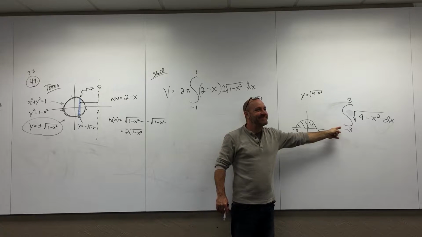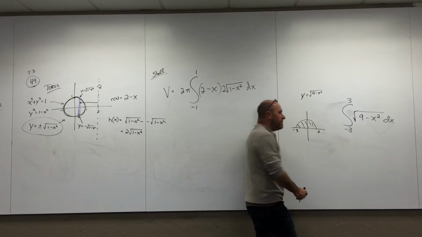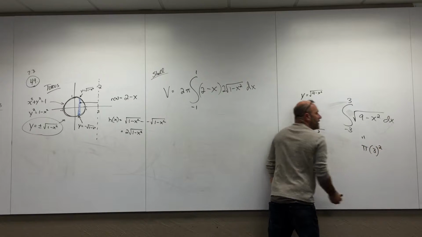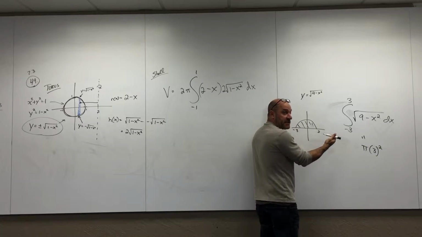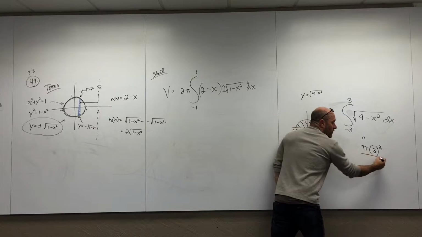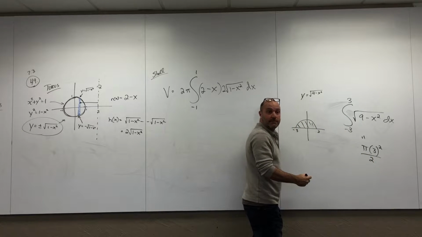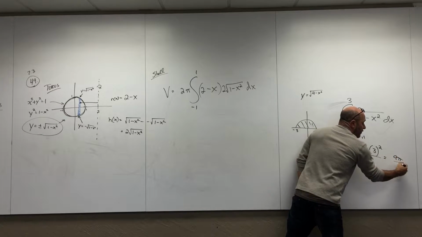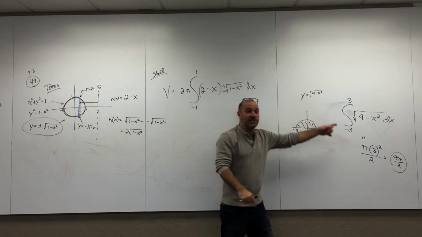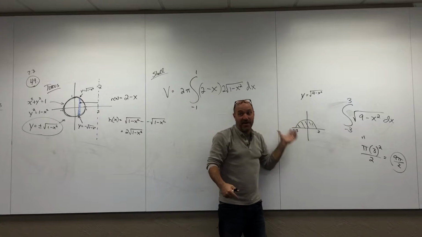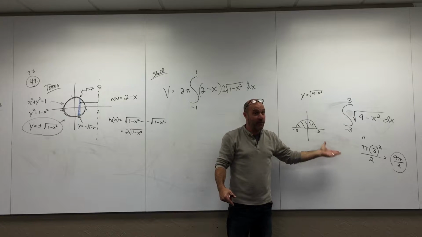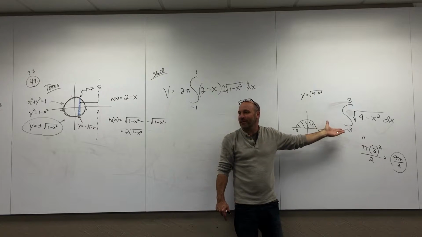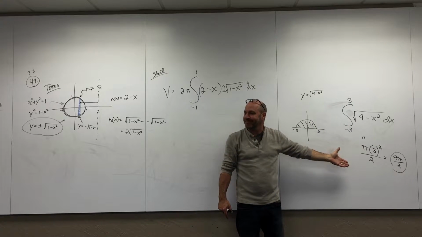Do you know the area of a circle? Pi r squared. This is half a circle, so it's over 2. So it's 9 pi over 2. I mean, this is the answer to this integral, not using calculus, using algebra and geometry. I realized that this is the area of a semicircle of radius 3. Bam, there's the answer.